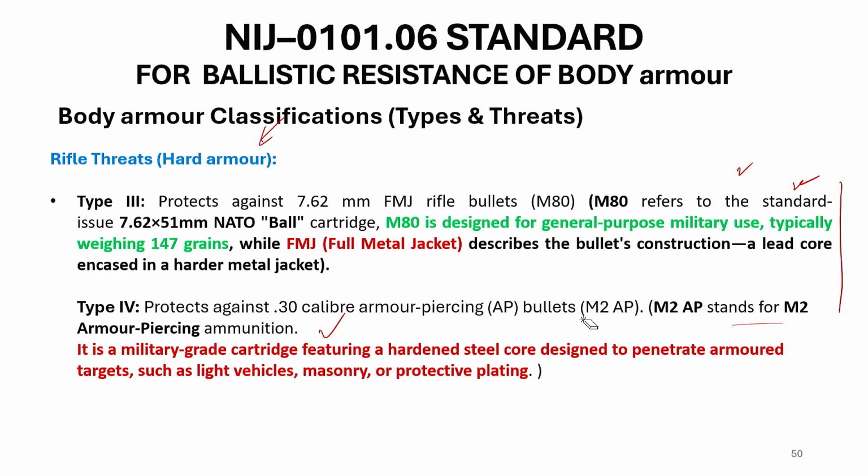Type 4 is a military grade cartridge featuring a hardened steel core. So, this M2 AP is military grade, with a hardened steel core to penetrate armored targets such as light vehicles, masonry and protective plates. So, this is a very high penetration round, meant for penetration. For that we need body armor of type 4.